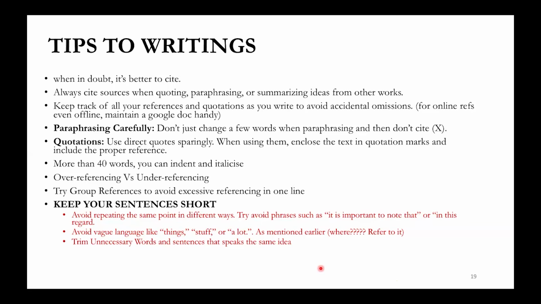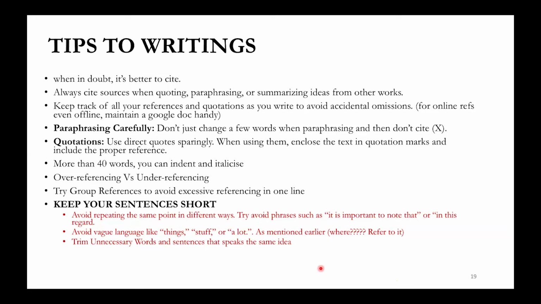There is also a conundrum between over-referencing and under-referencing. If it is a dissertation, I would suggest it is better to over-reference a bit than to under-reference, because it helps your work look neat, and it also shows the reviewer that you have read a lot of work.